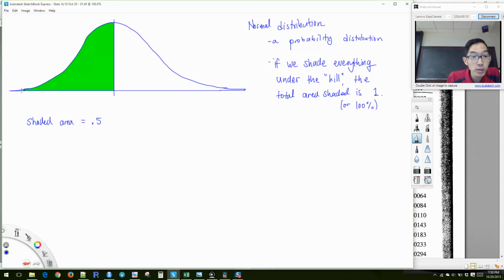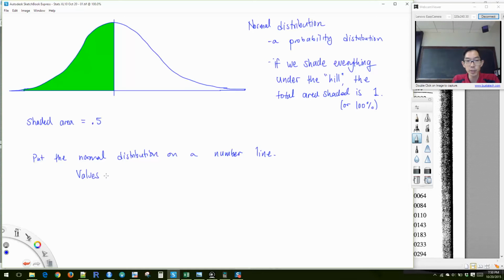Okay, and the way this normal distribution works is that here it's placed on a number line, okay? So we put the normal distribution on a number line. And that means numbers in the middle correspond to the highest point on the hill. That means numbers in the middle are most common, okay?